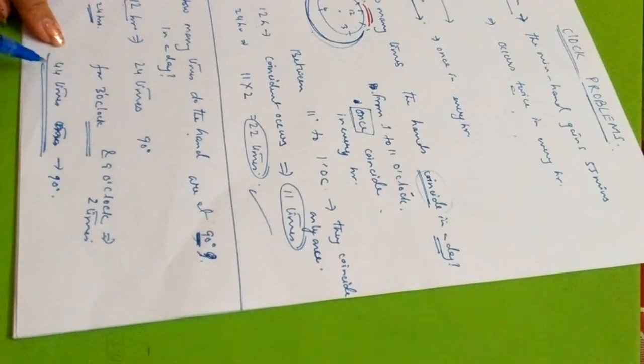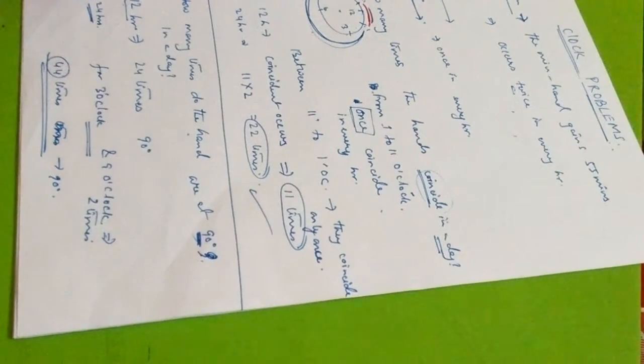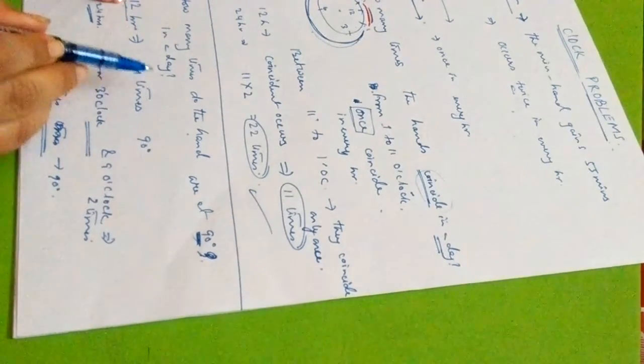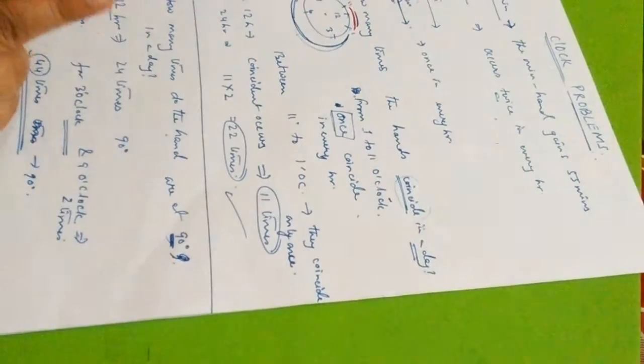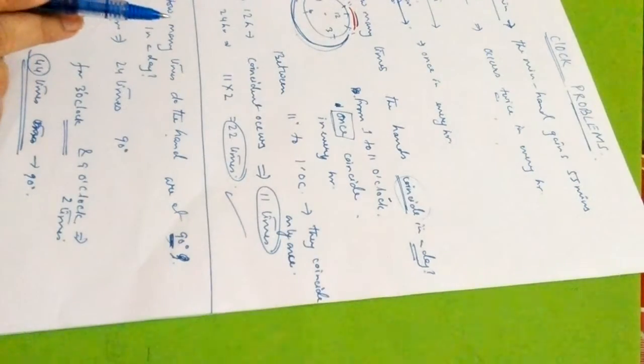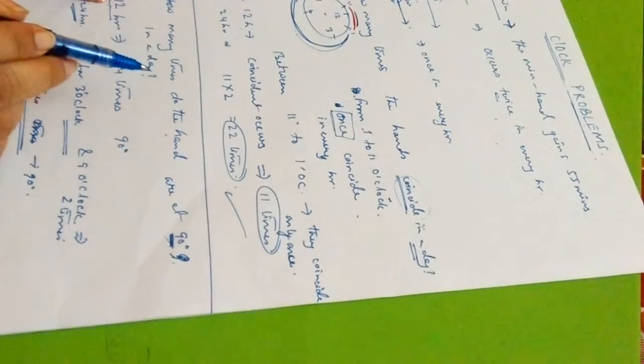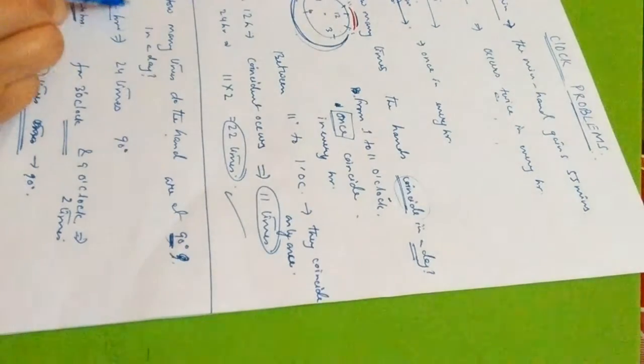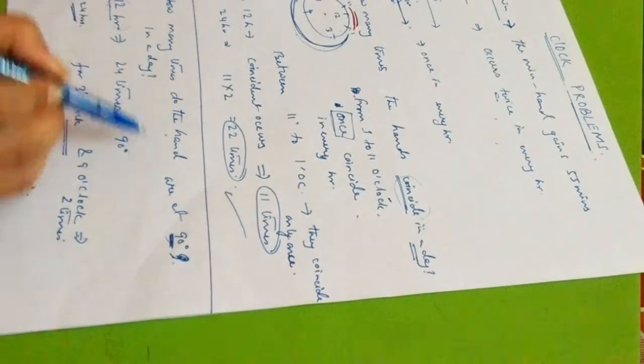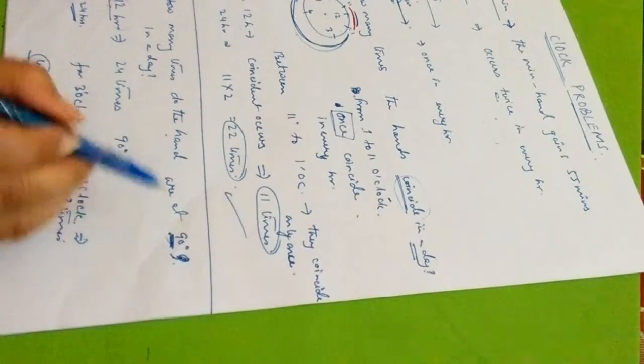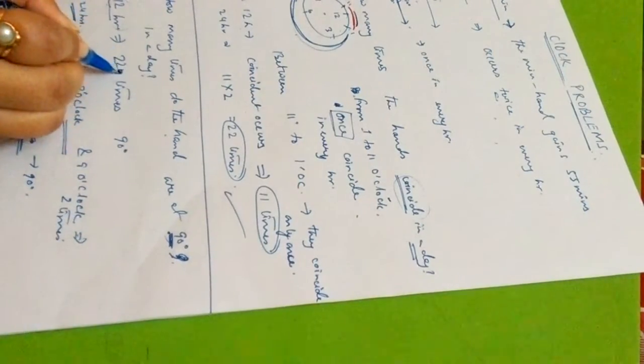To understand better how the 44 is coming: in 12 hours, as I have just mentioned, in every hour there is twice the occurrence of the 90 degree angle or the right angle. So in 12 hours we have this 90 degree formation 22 times.